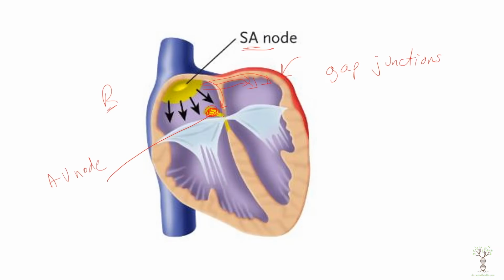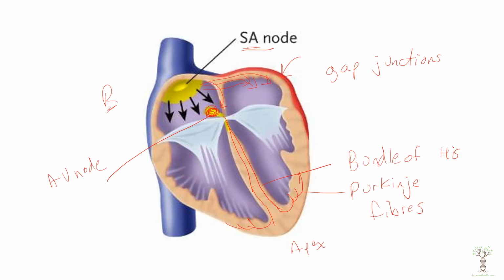So then from the AV node, the signal is going to transfer through this branched structure that moves down the interventricular septum, called the bundle of His. These conducting cells send the action potential down to the apex of the heart, and then it is sent to these conducting fibers at the bottom of the heart, called Purkinje fibers.